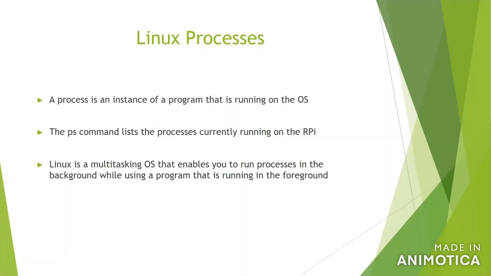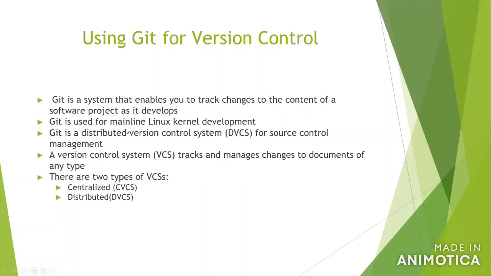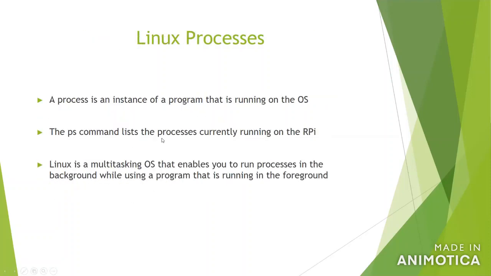Okay, so each instance of a program is called a process. So to check what kind of process is running on your system, you can use this ps command to list all the processes currently running in the RPI, okay, in the Raspberry Pi.